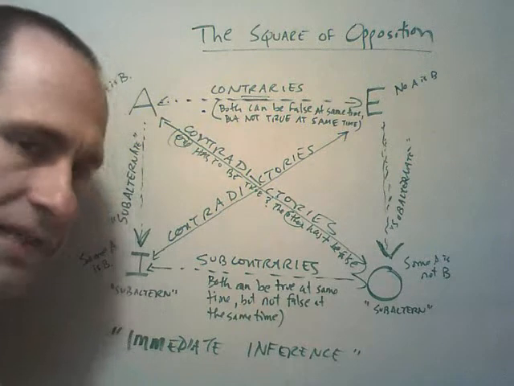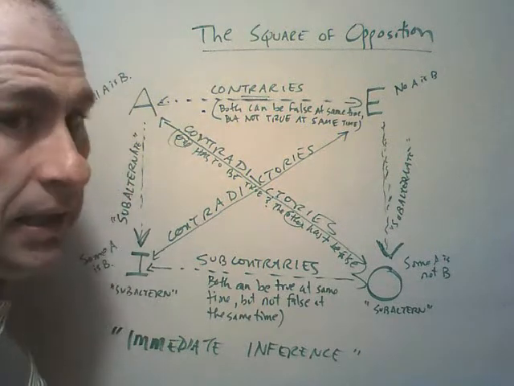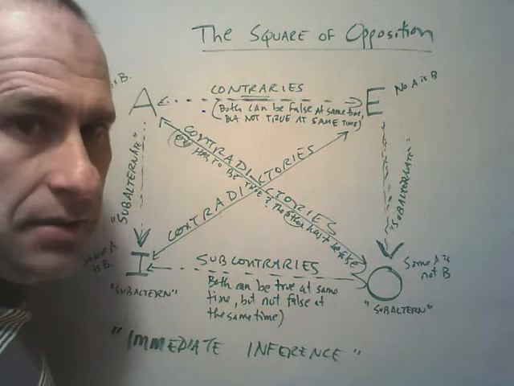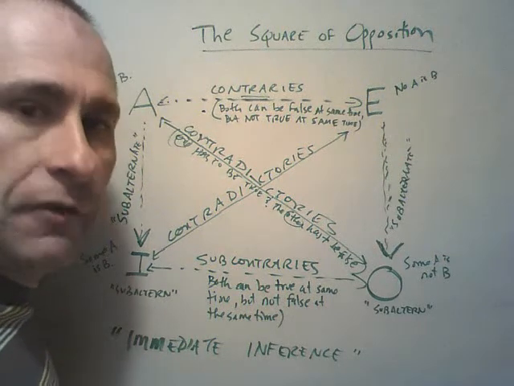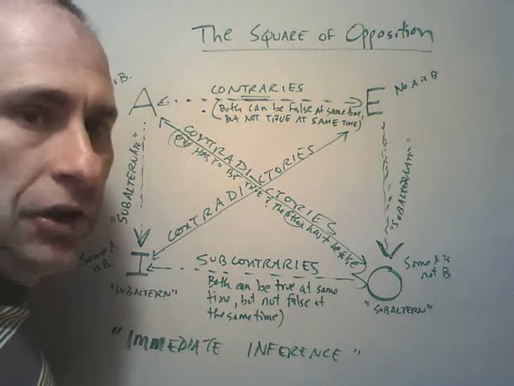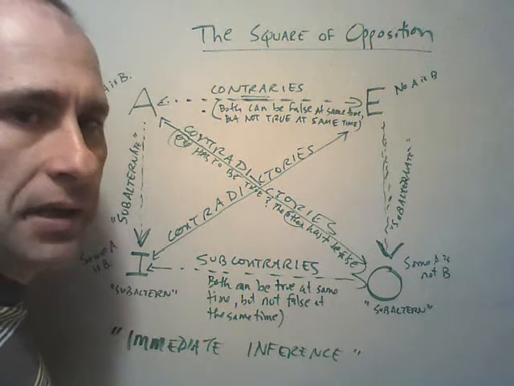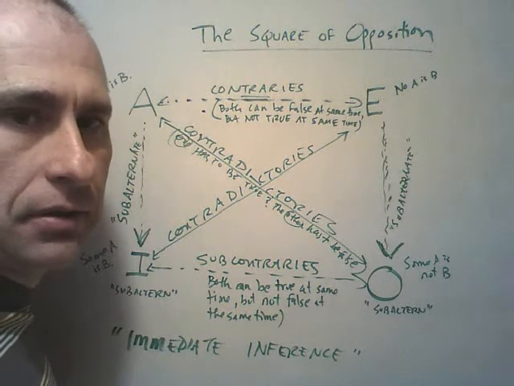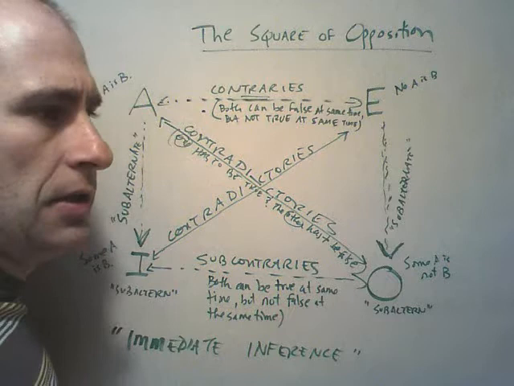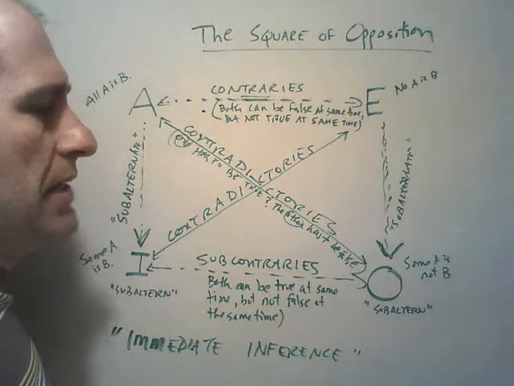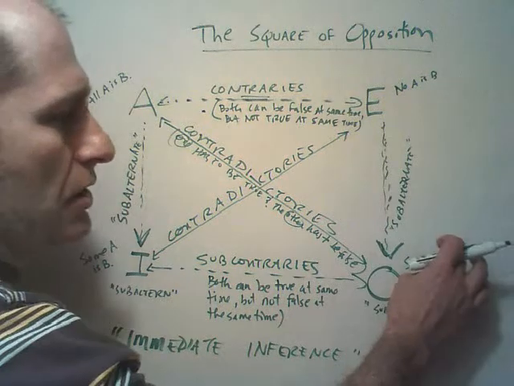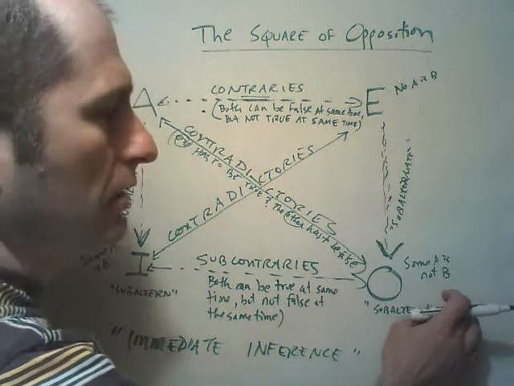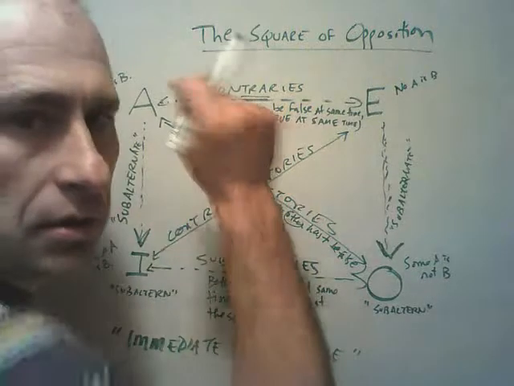So, in other words, from the statement all A is B, automatically you can draw the immediate inference that some A is B. Okay? From the statement some A is B, you can automatically draw the immediate inference that no A is B is false. Okay? So, when I say some chefs are not music lovers, I automatically know that the statement all chefs are music lovers is false.